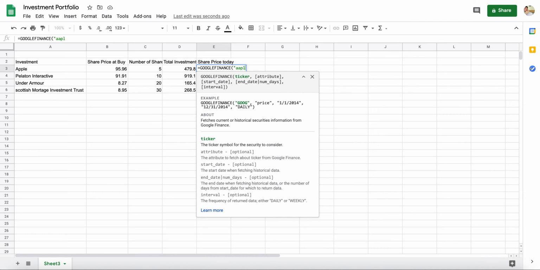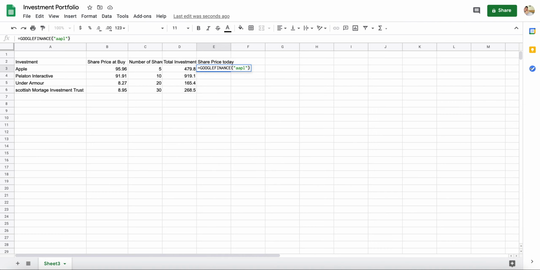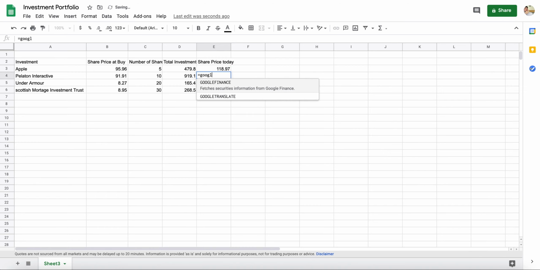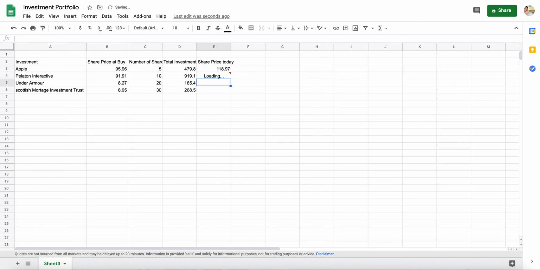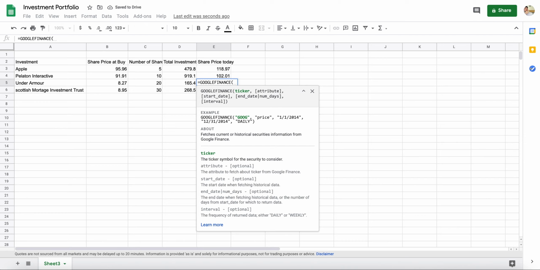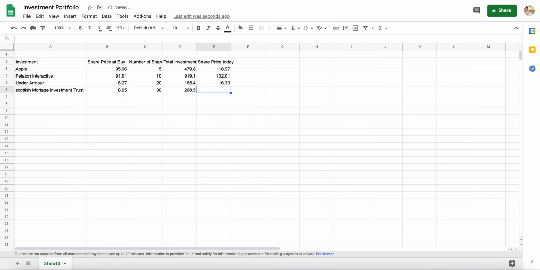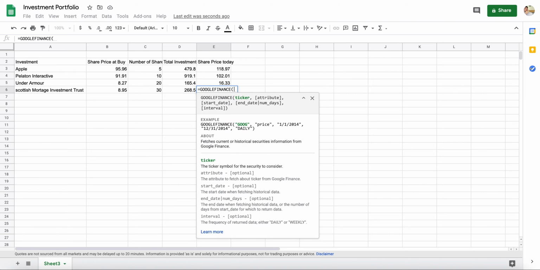So for Apple, we're just going to use APL. For Peloton, it's going to be PTON. For Under Armour, it's going to be UAA, I think. And for Scottish Mortgage Investment Trust, the ticker is SMT, I think.